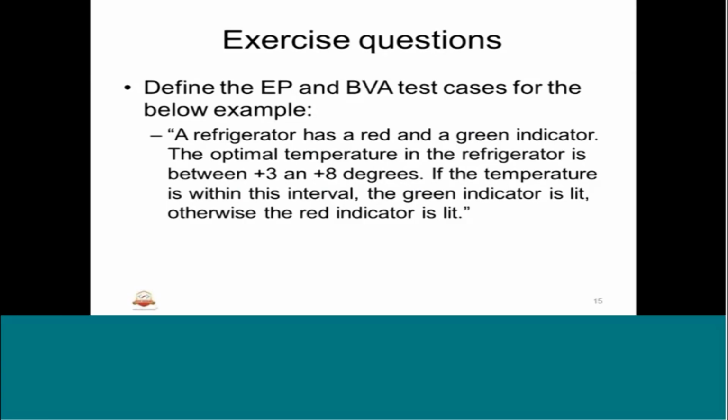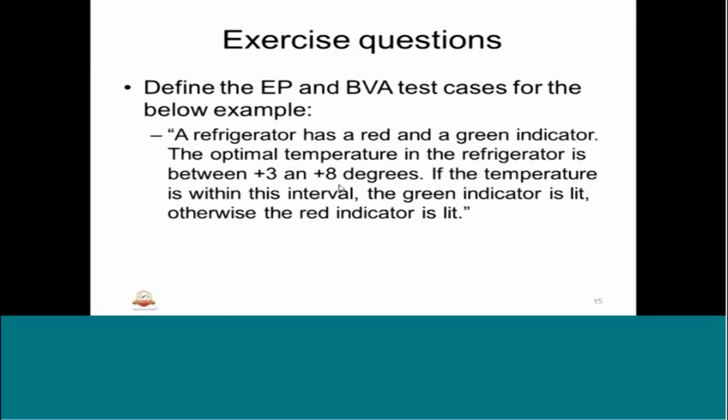Okay, so we have an exercise question. Define the EP and the BVA test cases for the below example. The refrigerator has a red and green indicator. The optimal temperature in the refrigerator is between 3 and 8 degrees.